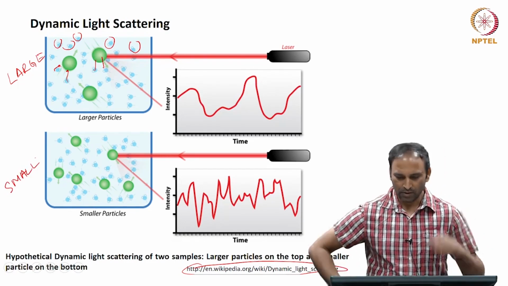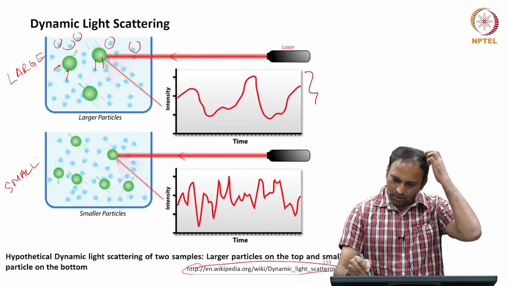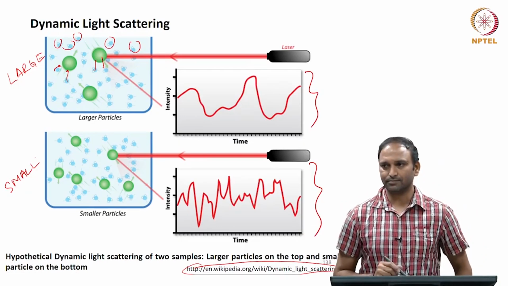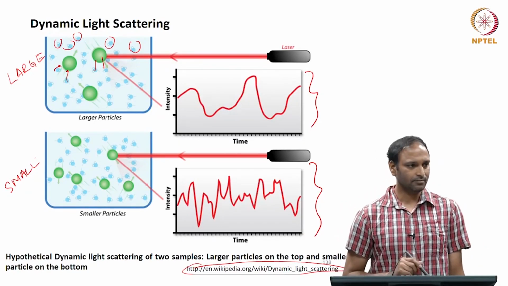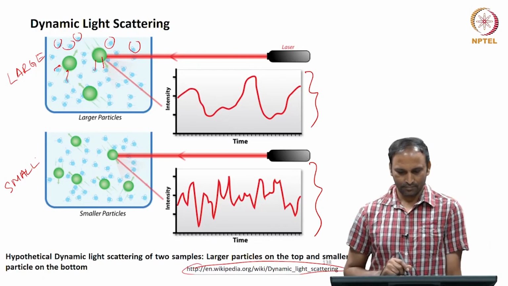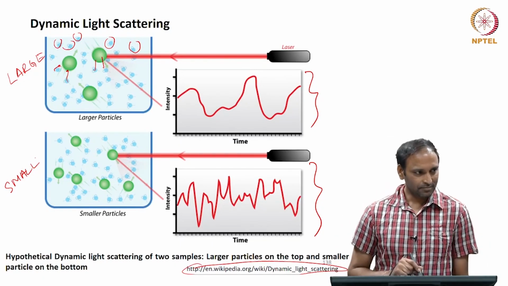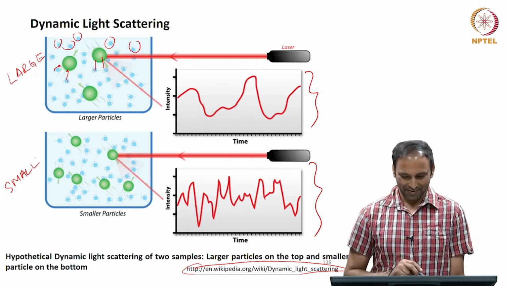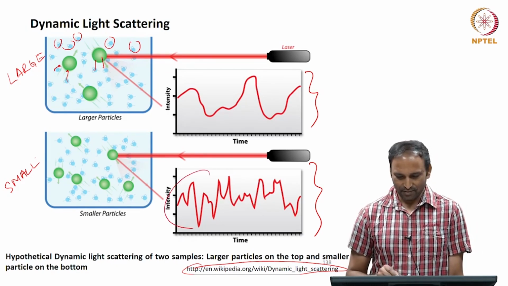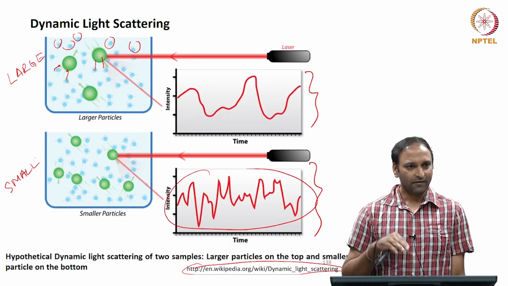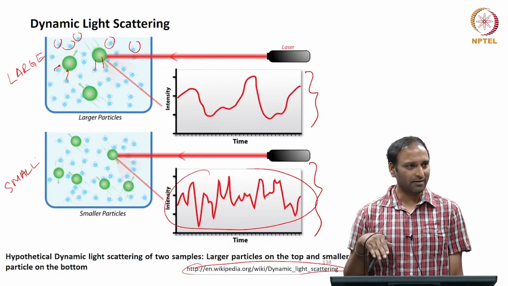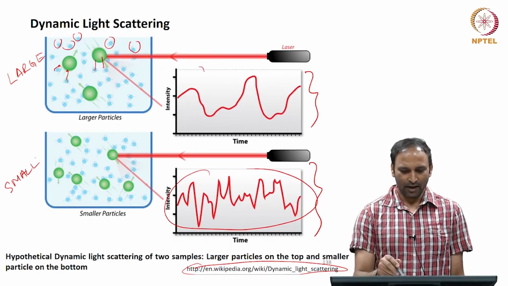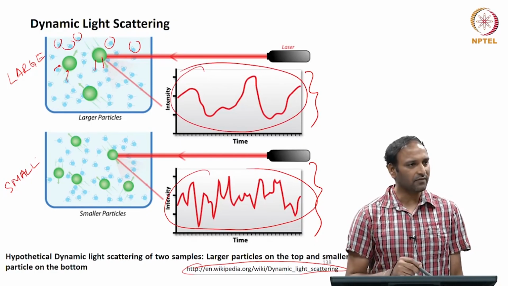What can you say about these two? Small particle has more Brownian motion, which is reflected by the fluctuations being too many, and that is little here.